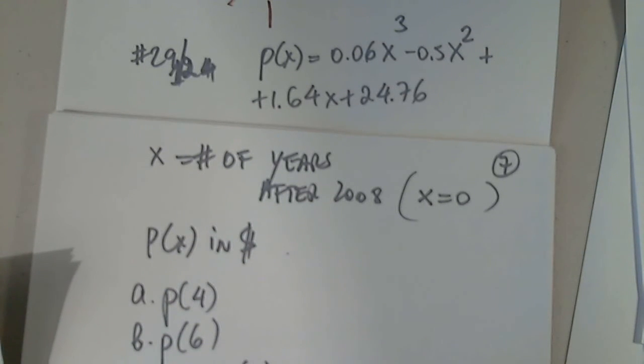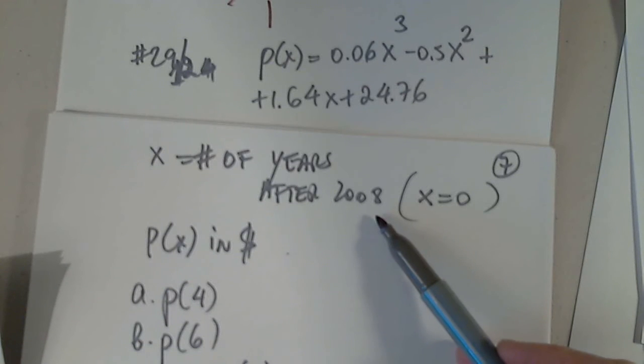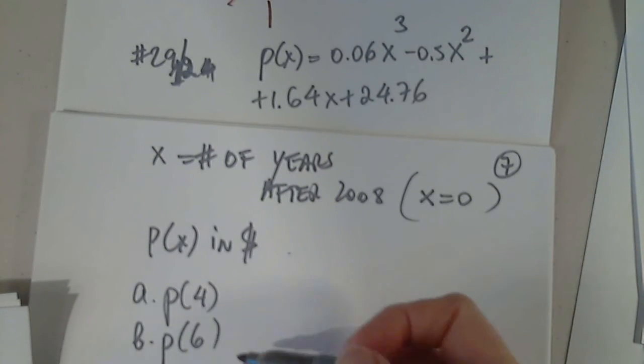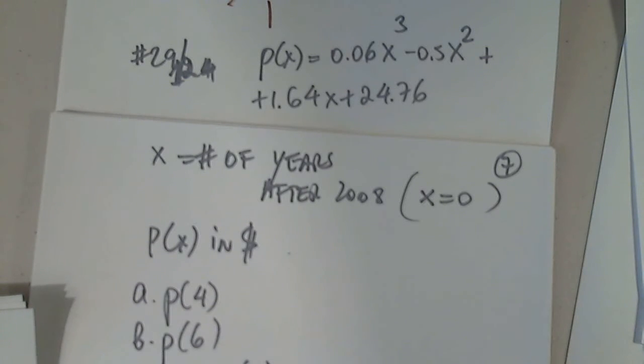So we can put it in parentheses because 4 years after 2008 is 2012, and 6 years after that is 2014. Okay, so we'll calculate that in a minute. Of course, we know the formula is P of 6 minus P of 4 over 6 minus 4.